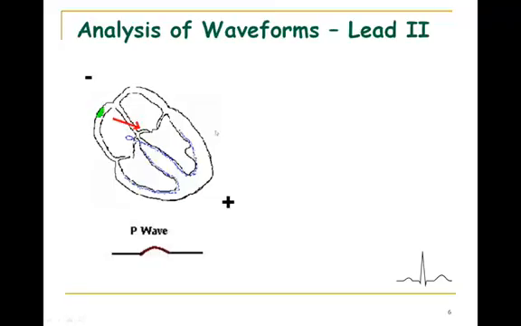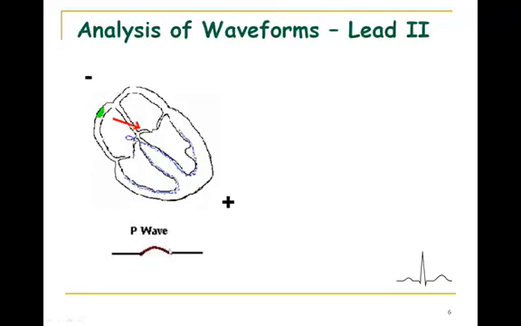Now because the atria are small, the voltage recorded is not so good. So you see the P waves are not very large waveforms. The arrow is pointed towards the positive recording electrode. That's why it's an upwards deflection. The P wave is rounded.